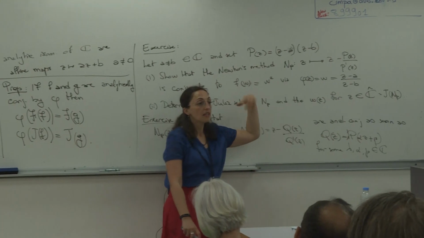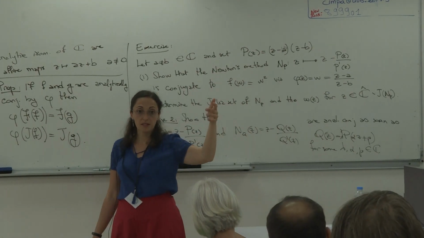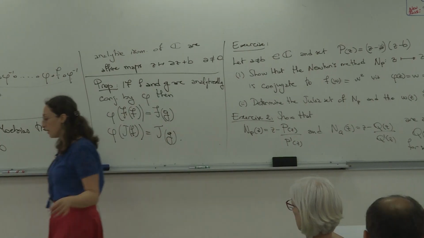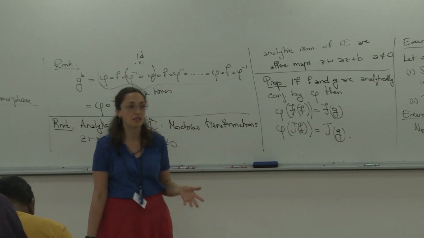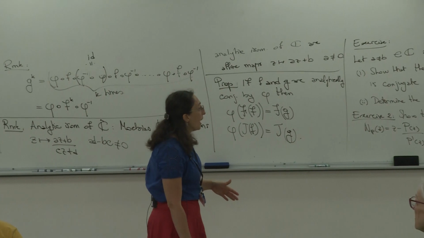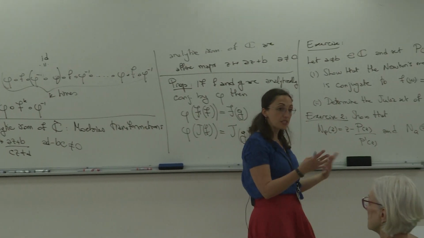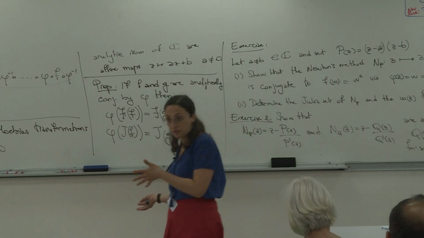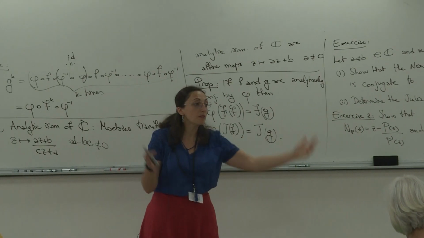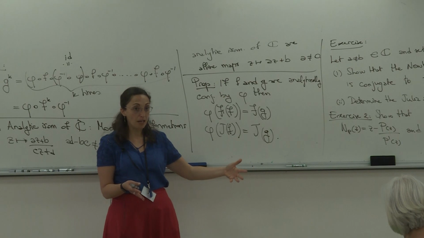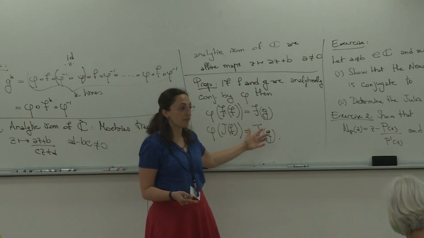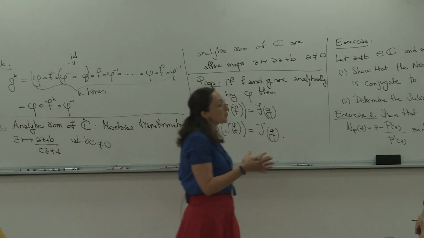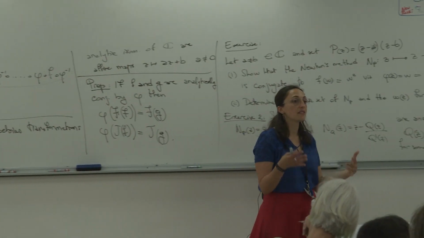We studied w squared yesterday, and you studied also z to the power d with d bigger than 2 or d less than minus 2. For those maps, it was easy to understand the Fatou set, and therefore the Julia set. For all the maps which are conjugate to these maps, the Julia set and the Fatou set are easy to determine. But most maps are not conjugate to these elementary maps.